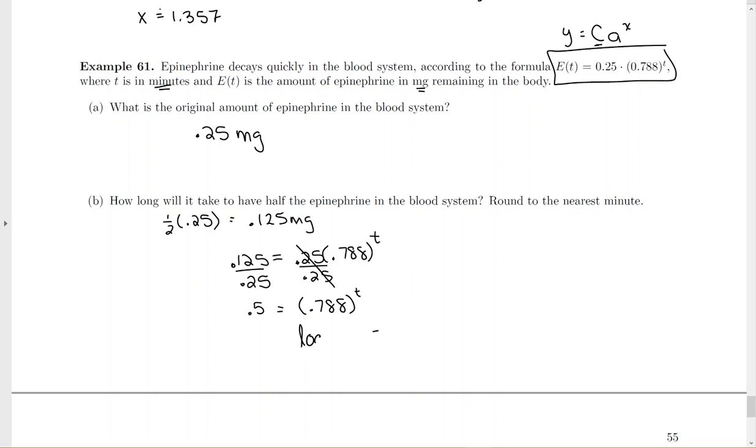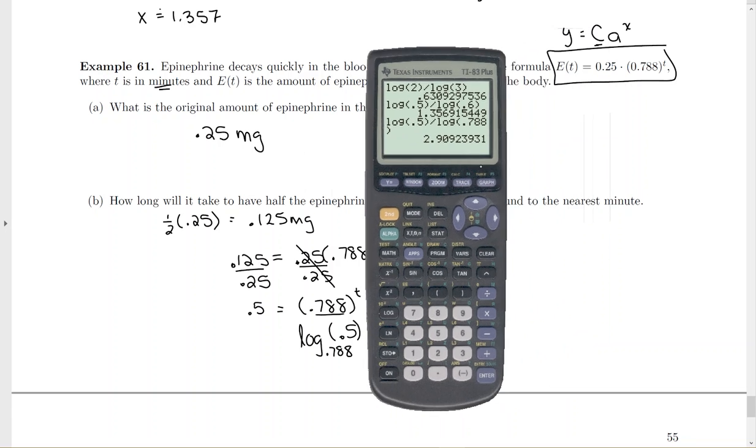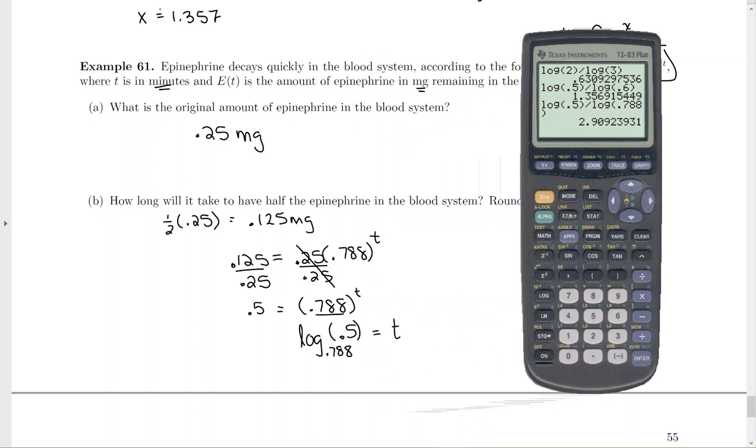So do log base of the exponent 0.788 of 0.5 equals t. If you need to, split the log up using your change of base formula, log 0.5 divided by log 0.788. All right. So we have 2.909, and they want it rounded, I think, to the nearest minute. So in that case, it's going to round up to about 3 minutes.